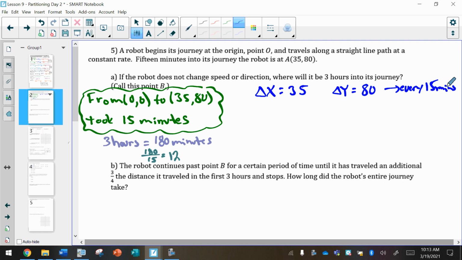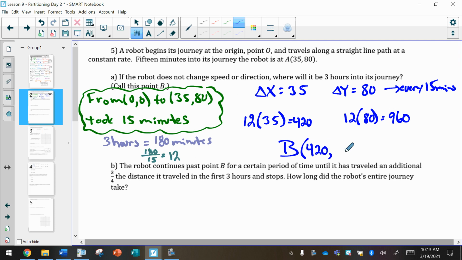I need to do 12 of those 15-minute intervals in order to figure out the location after 3 hours. So 12 intervals of moving horizontally 35 units and 12 intervals of moving vertically 80 units gives me the position for point B. X coordinate 420, Y coordinate 960.